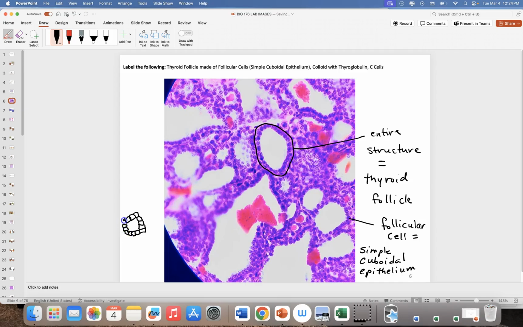This then is a drawing representation of one of those follicles. We can see the nucleus in the middle of each cell. That just gives you another way to visualize one of the thyroid follicles made up of follicular cells, which are simple cuboidal epithelial cells.